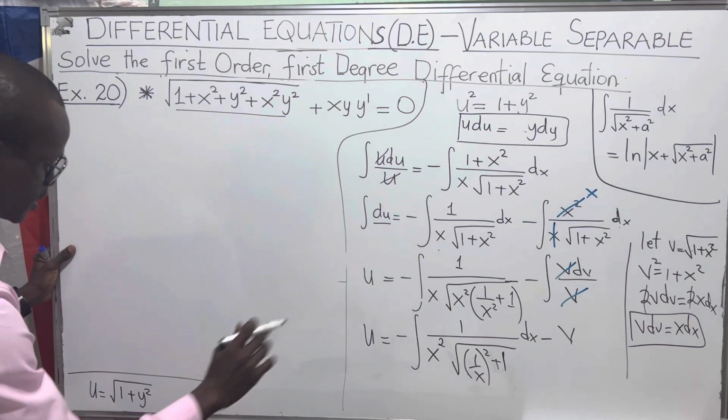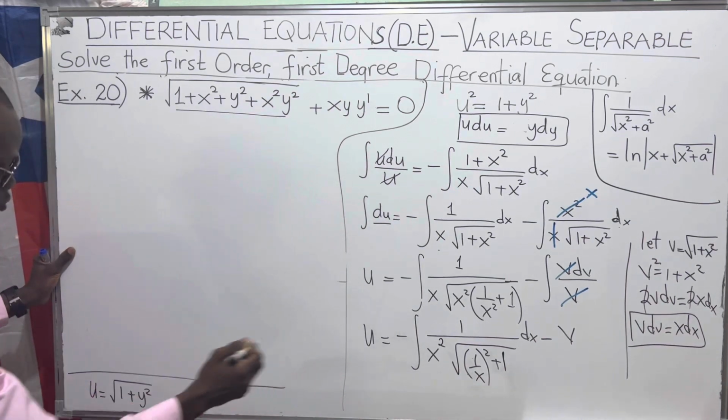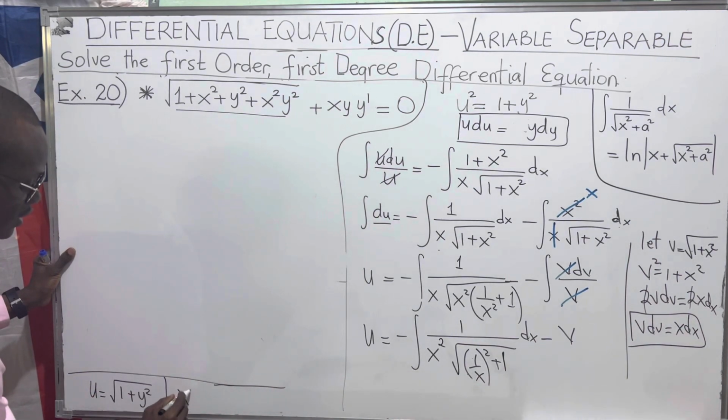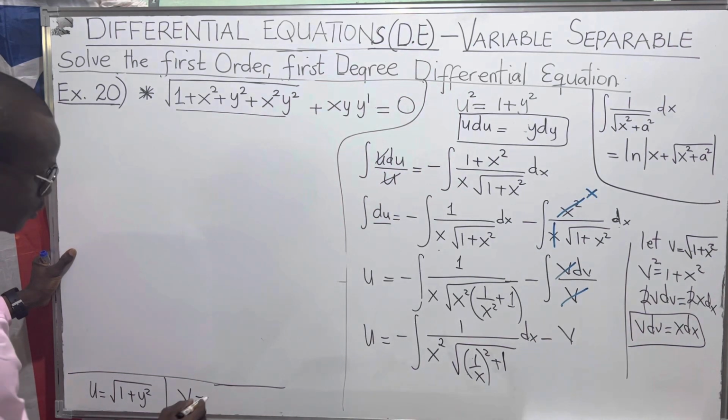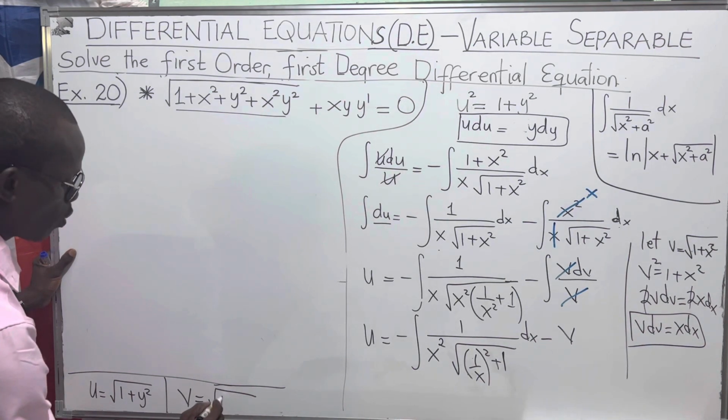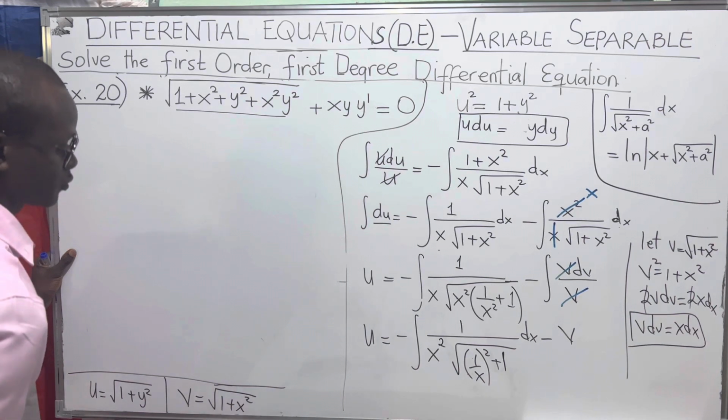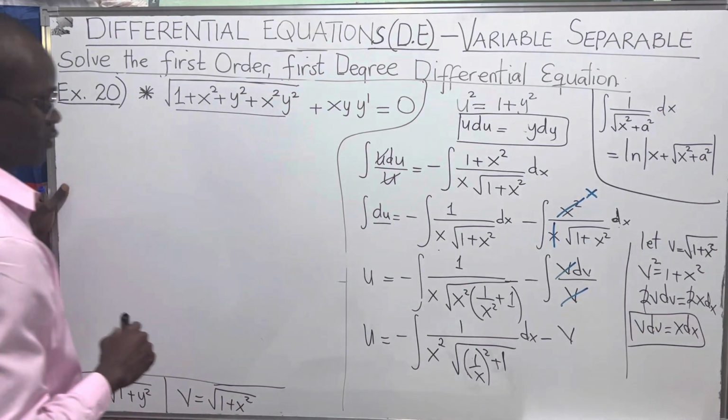We want to keep it for now so that we don't have too many things to be writing. And we said v is equal to the square root of 1 plus x squared. Okay, so those are the two things that we know.